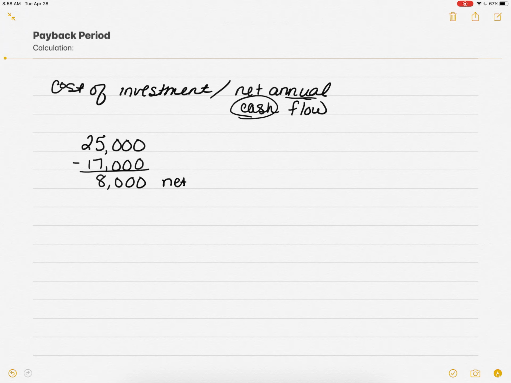But this is my net income. I don't want my net income, I want my cash flow. So we have to consider our non-cash expenses like depreciation. And I will add that back in to get to the actual cash flow. So my net cash flow would be $13,000.